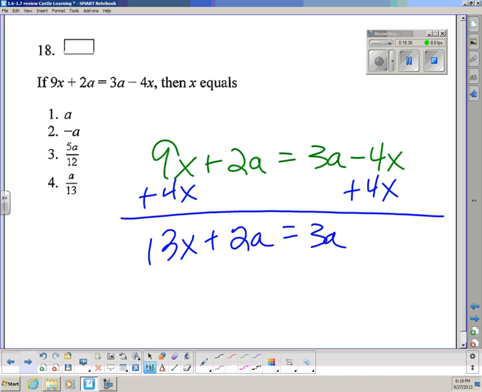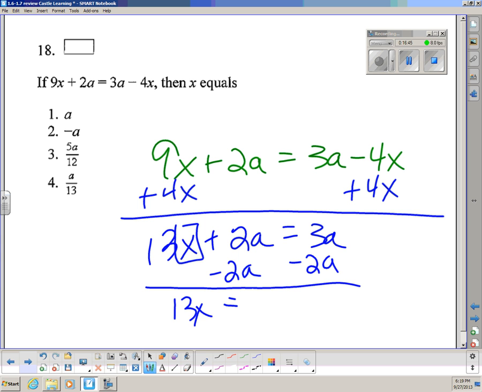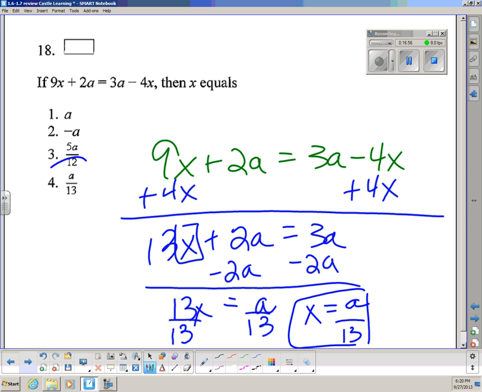And that's a lot easier because now my x is in one spot. So I want to get my x by itself, subtracting 2a. We get 13x equals 3a minus 2a, which is just a, or 1a. And I'll divide by 13 here, and I get x is just a over 13, which is a lot simpler than what we started with.